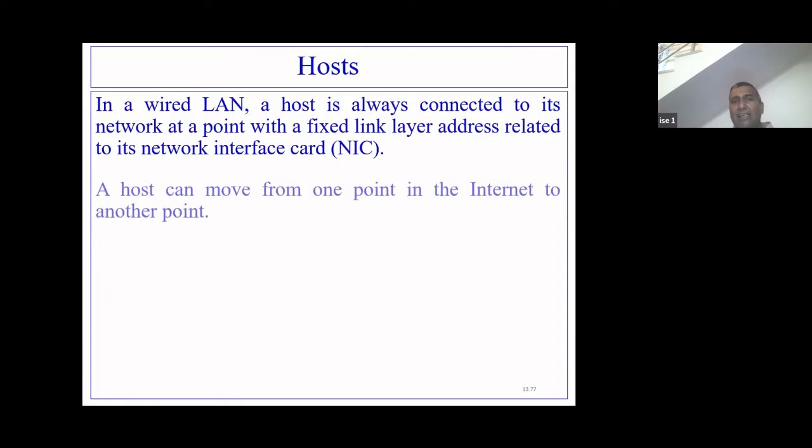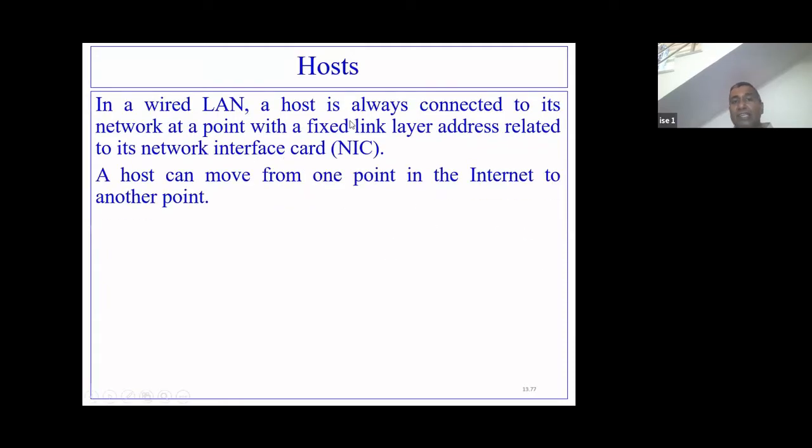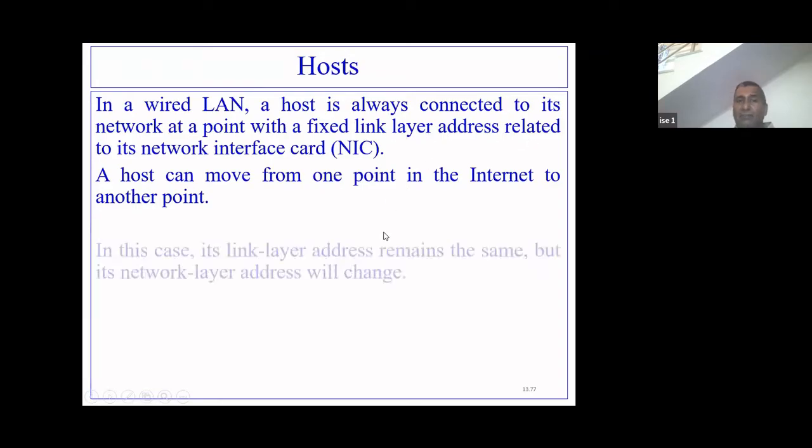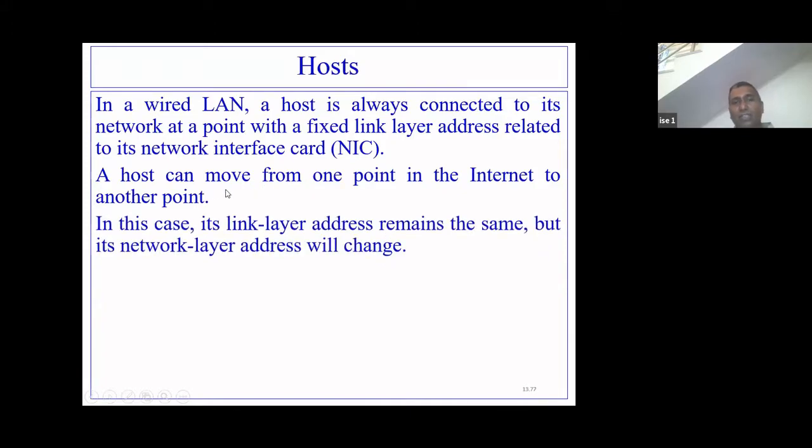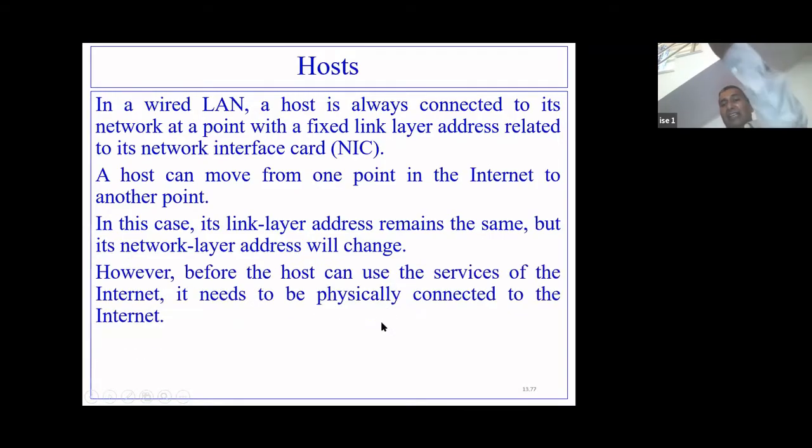In a wired LAN, a host is always connected to its network at a point, and a fixed link layer address will be there. But in a wireless LAN, the host can move from one point inside the internet to another point, but the MAC address remains the same, because the link layer address is nothing but the MAC address. The network layer address, that is the IP address, will change, because when you go to a different network, it will have a different IP address.